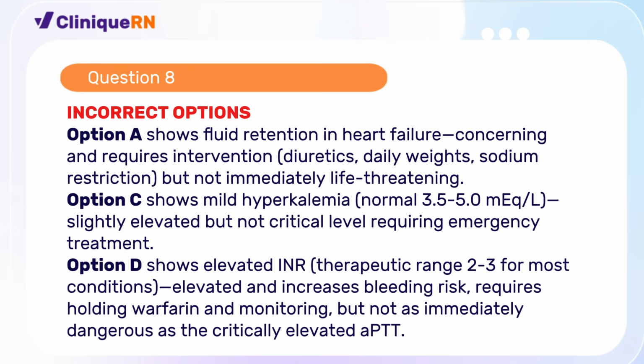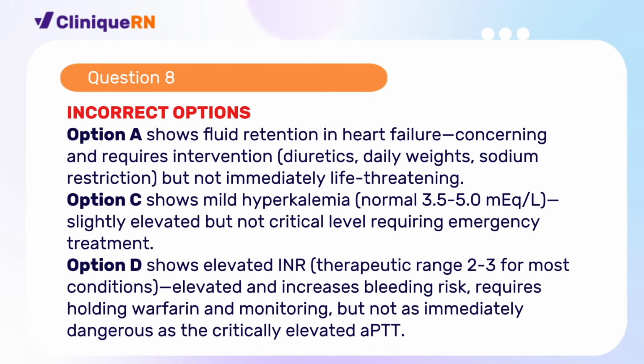Option A shows fluid retention in heart failure, concerning and requires intervention (diuretics, daily weights, sodium restriction), but not immediately life-threatening. Option C shows mild hyperkalemia, normal 3.5 to 5.0 milliequivalents per liter, slightly elevated but not a critical level requiring emergency treatment.